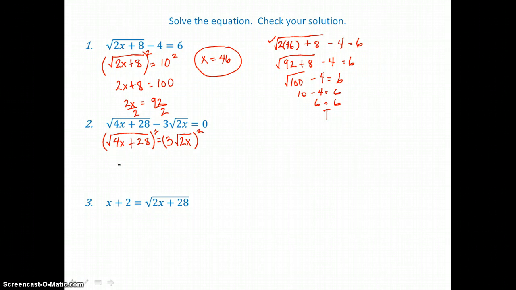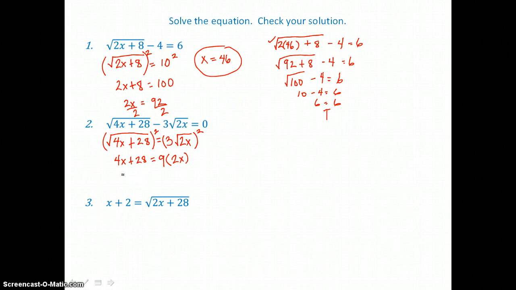This radical times itself is what's inside, so I get 4x plus 28 on the left. And over here I have to square 3, that's 9. And I have to square this radical, and that radical times itself is 2x.